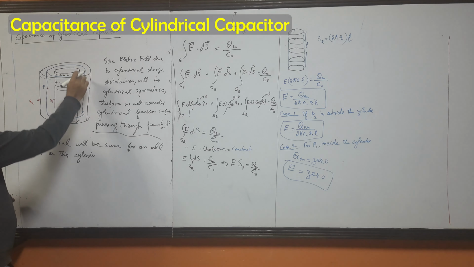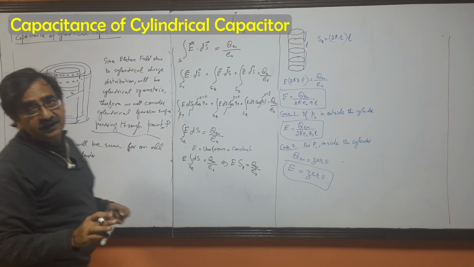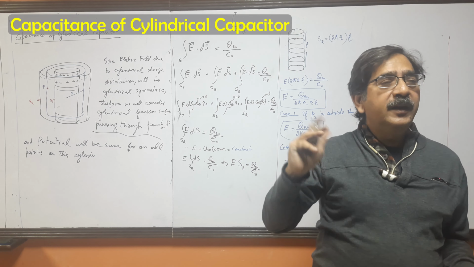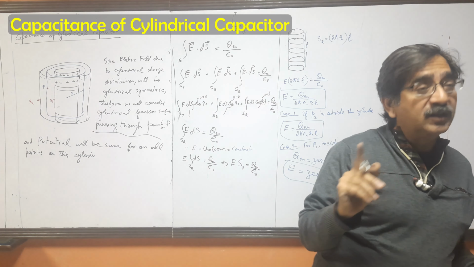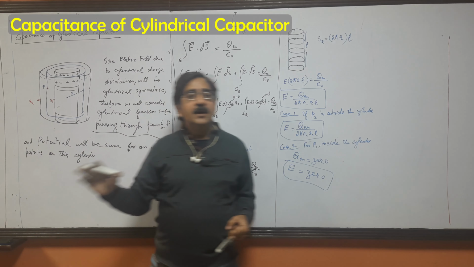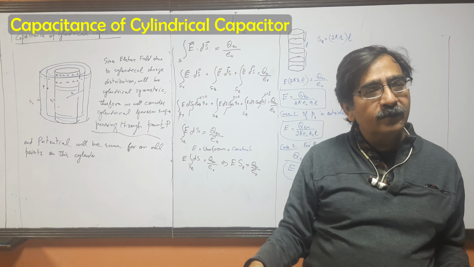I mean, if point P is anywhere on this cylinder, the potential will be treated as an equal potential surface. Okay, because it is an equal potential surface, the potential will remain the same for all the surface.